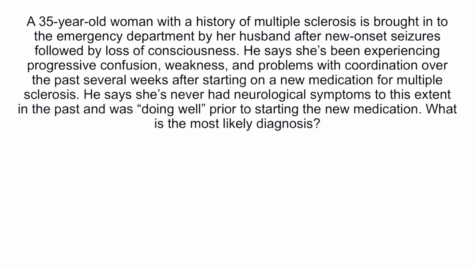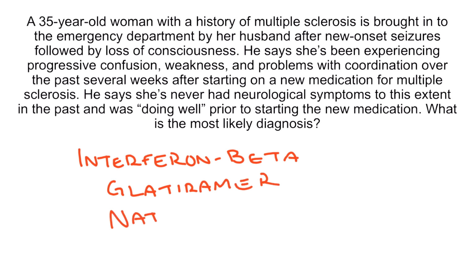Examples of such medicines discussed in this lecture are interferon beta, glatiramer, and natalizumab. As mentioned earlier, interferon beta is associated with flu-like symptoms and severe depression, which she's not really experiencing here. Glatiramer, for your purposes, doesn't really have any high-yield side effects you need to remember. Natalizumab, on the other hand, has a potential for causing progressive multifocal leukoencephalopathy, which is likely the explanation for her worsening neurological symptoms.